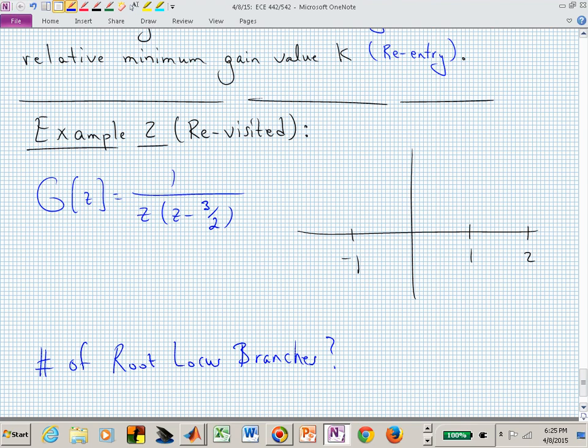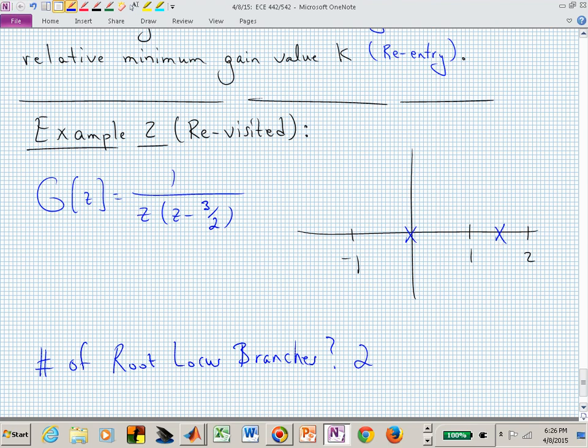How many closed loop poles am I going to have if I put this in the generic unity negative output feedback configuration? 2, aren't I? So I have that many branches of the root locus. I started with 2 poles. One is at the origin and one is at 1.5.